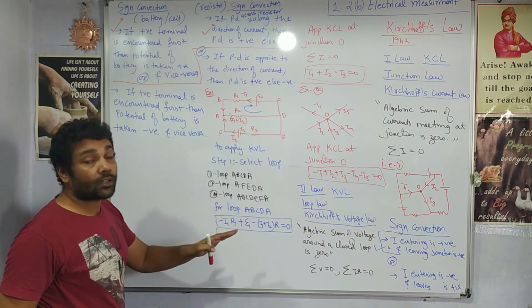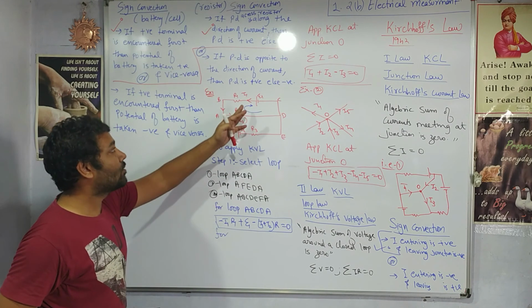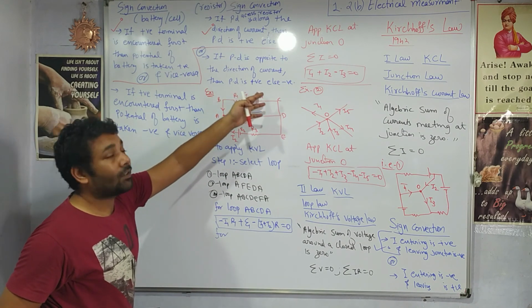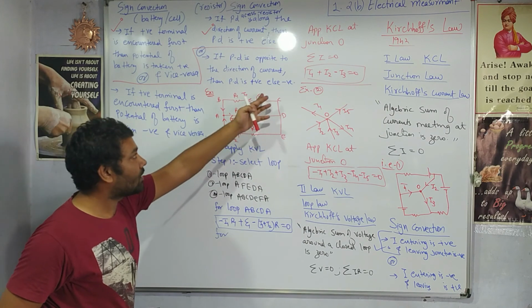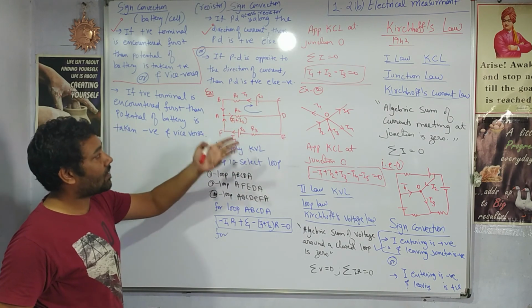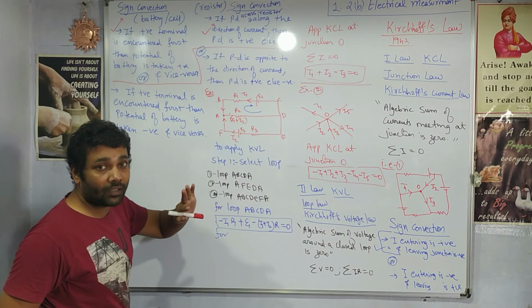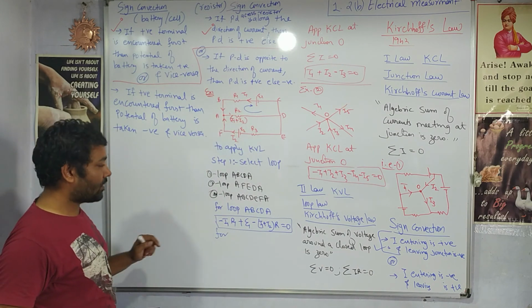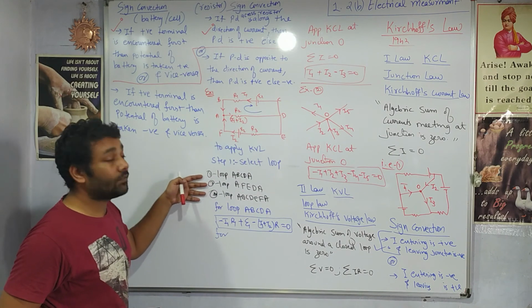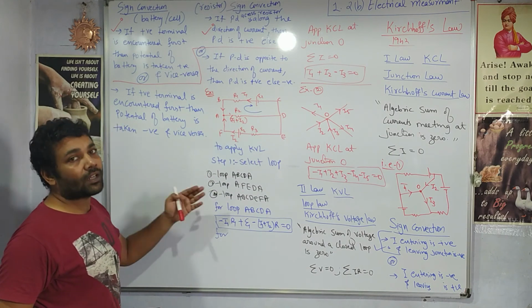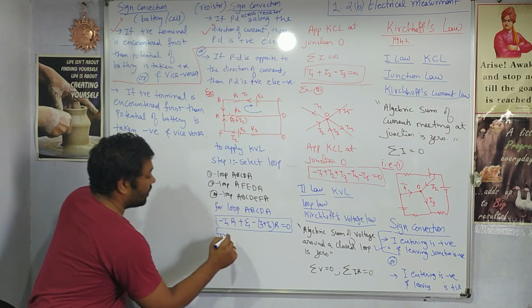These multiple equations will help us to find out the values of I, R, E, whatever depends upon the question, right? They may give us the value of E1 and E2 and ask us to find out the value of R1, R2, R3 or any such type of question. So in order to find out the unknown values, we'll have to identify the loop, frame the equations and then solve the equations.